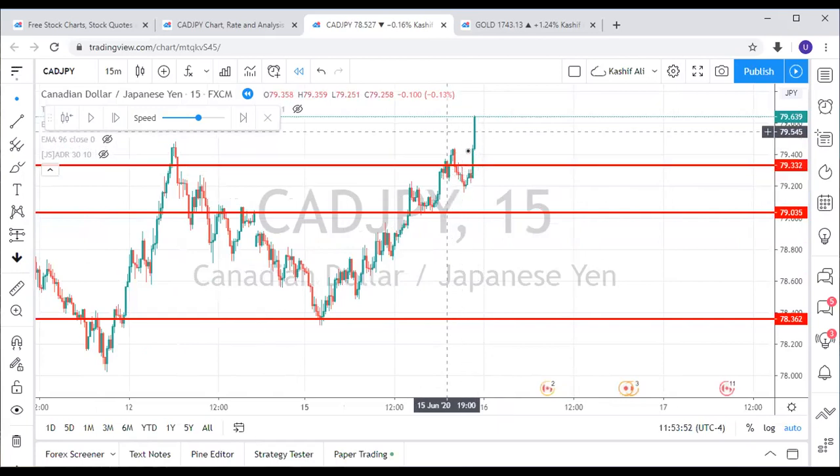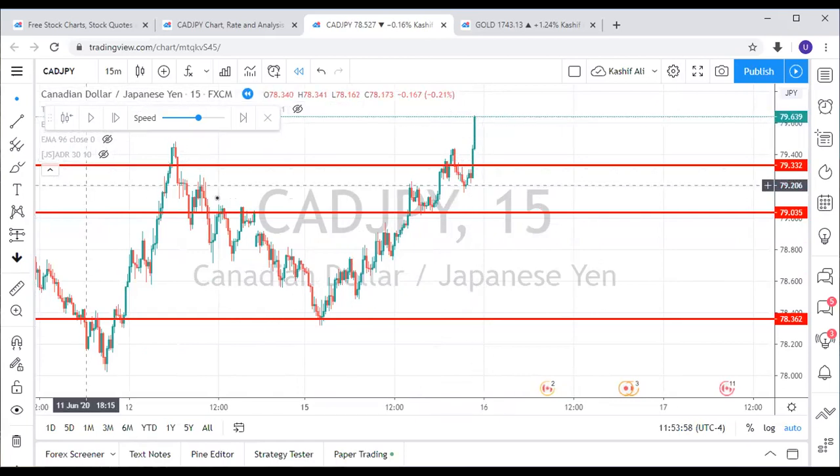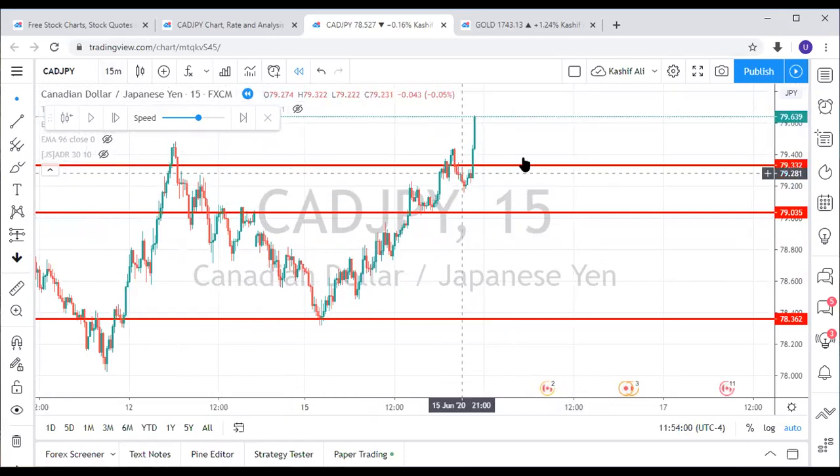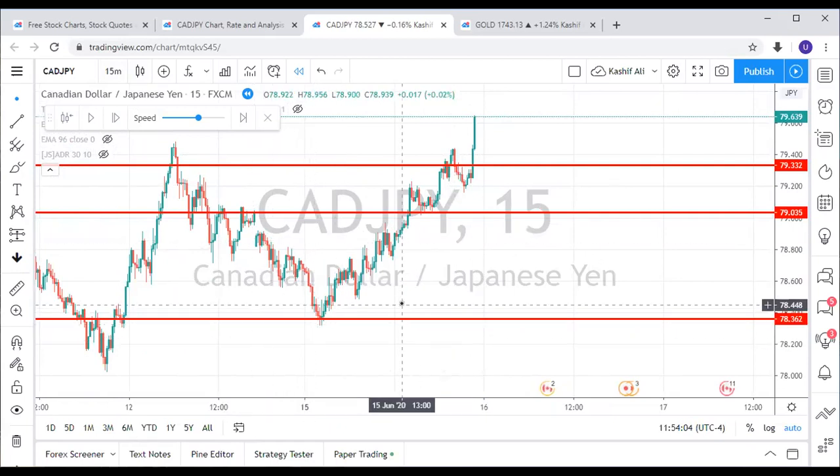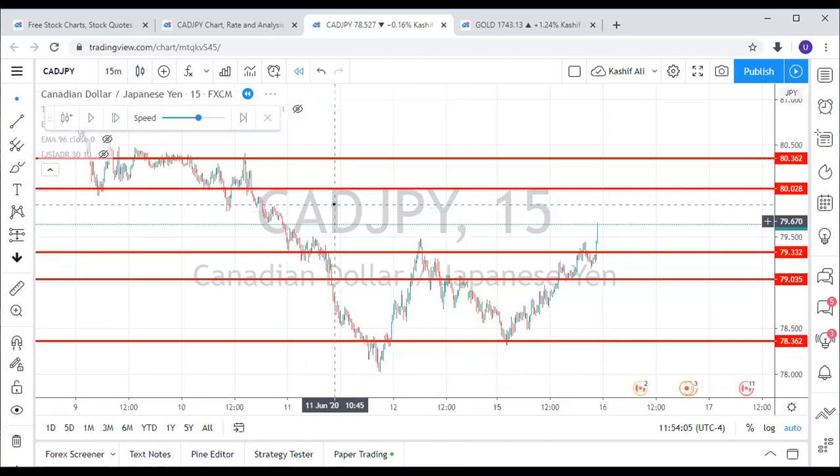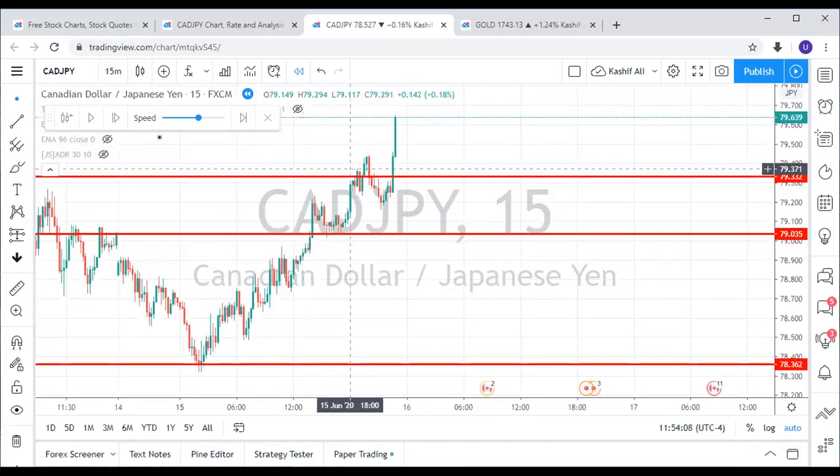You can buy when it retests here, but once it breaks through, because it was a bull rally for a long time, a retest, a retrace was literally expected.